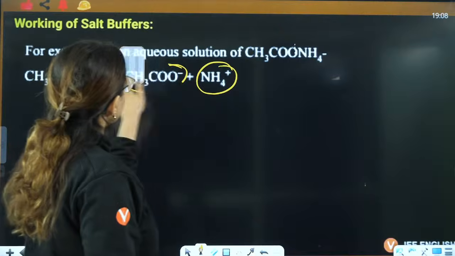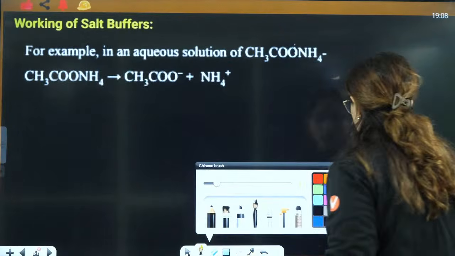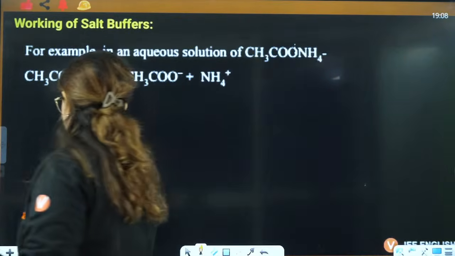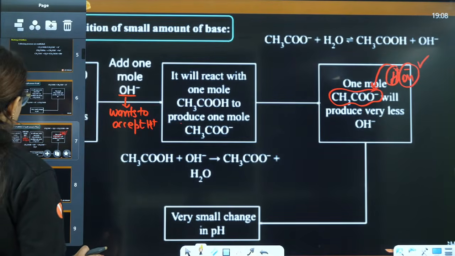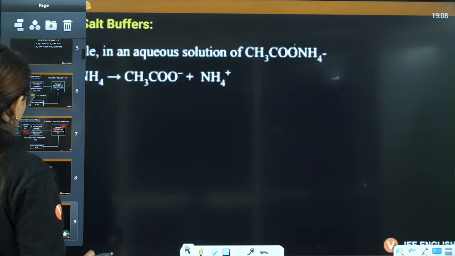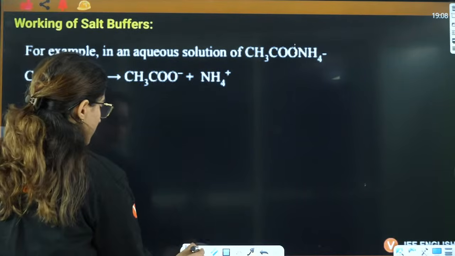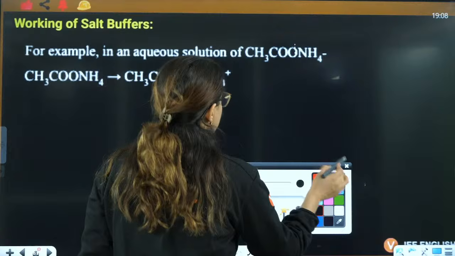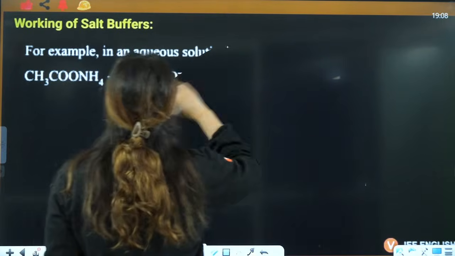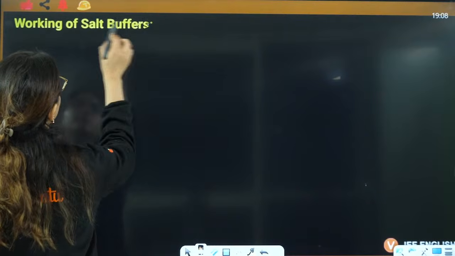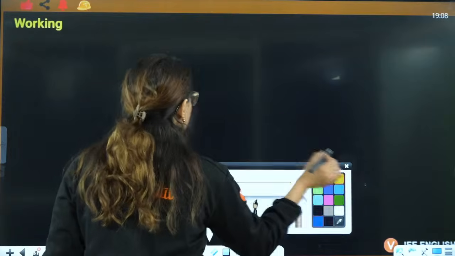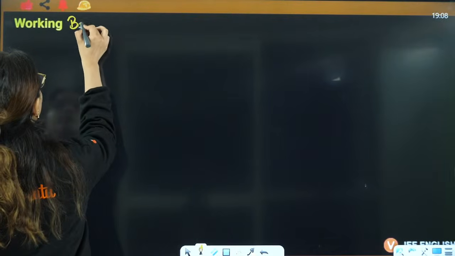Okay. Now, how many of you will tell me on similar lines, let's see if you can answer this or not. Let's see you have a basic buffer.